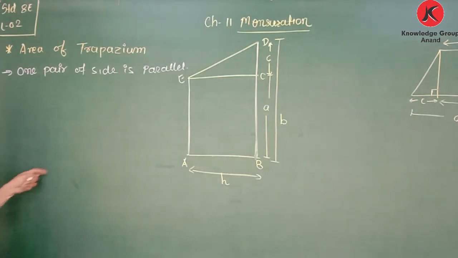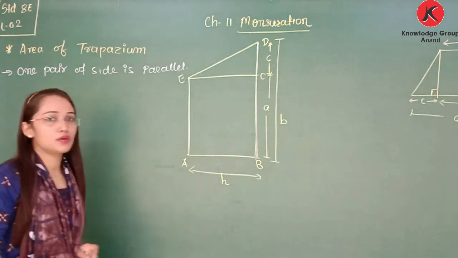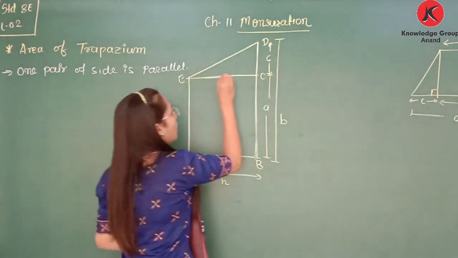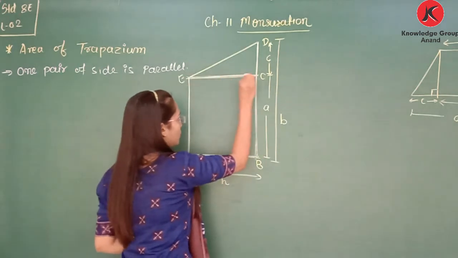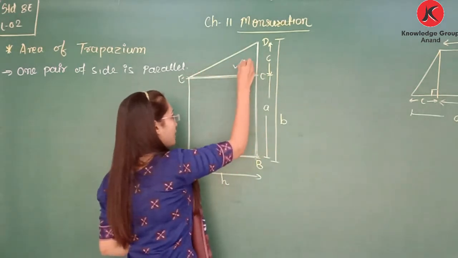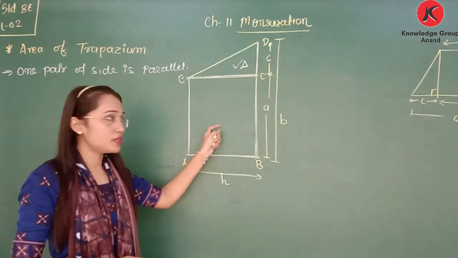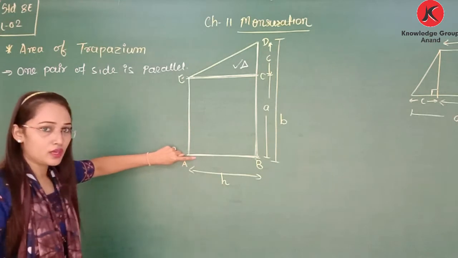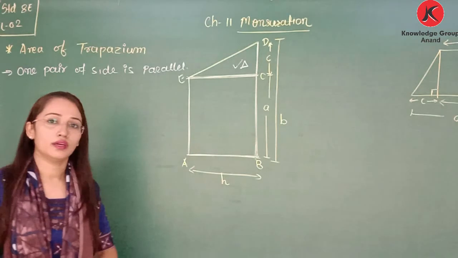So how can we find the area of a trapezium? To find the area of a trapezium, we divide it into two known figures. If we draw a line from E that is parallel to AB, this shape becomes a triangle and this shape becomes a rectangle.